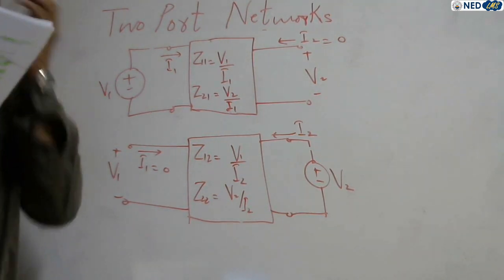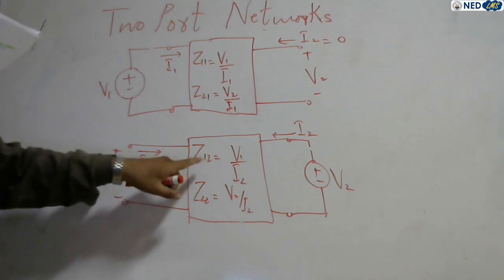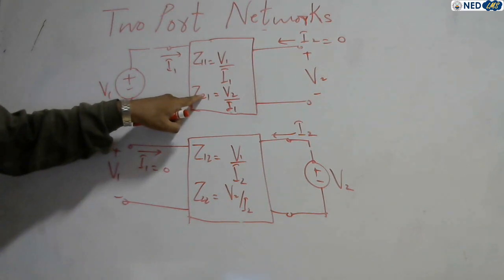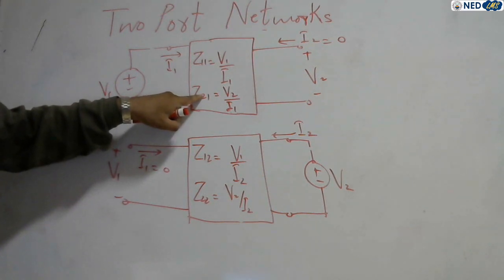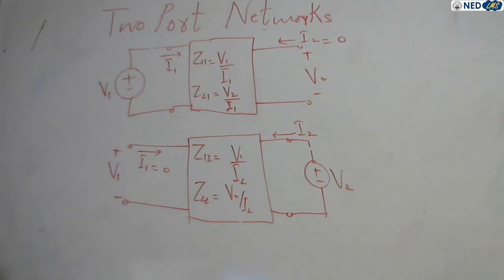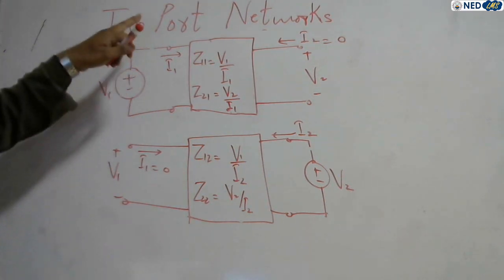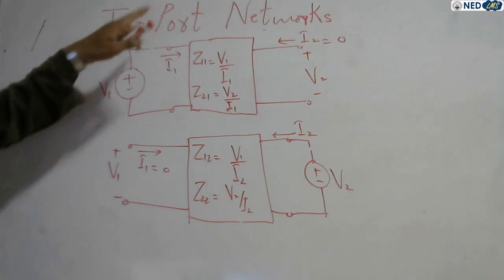So according to the network, to obtain Z11 and Z21, we consider a voltage source, that is V1, and current source, that is I1, at port 1 with port 2 open circuited, right?